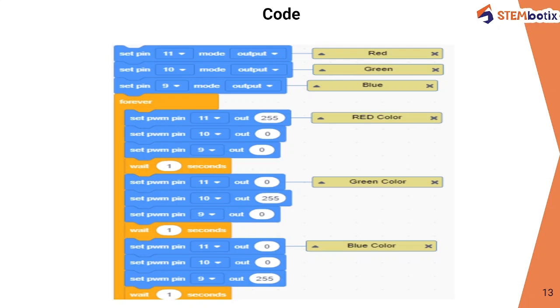For green, it is 4000 MCD, and for blue, it is 900 MCD. Let's talk about the operating temperature of the RGB LED. The operating temperature of the RGB LED is minus 25 to 85 degrees Celsius. Yes, our RGB LED can operate in between this range, minus 25 to 85 degrees Celsius.